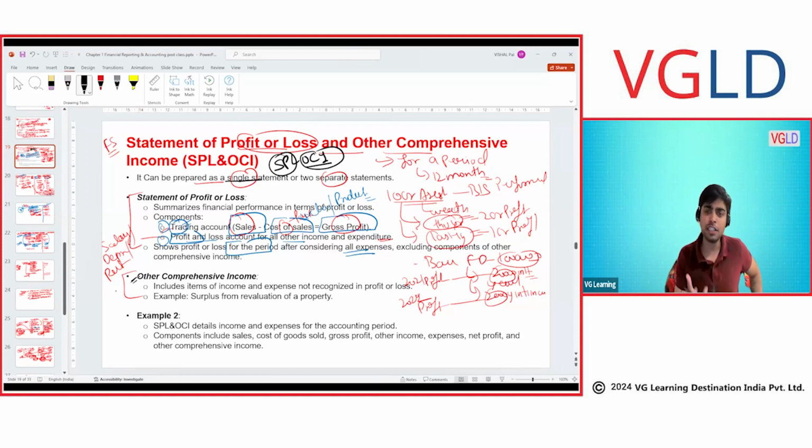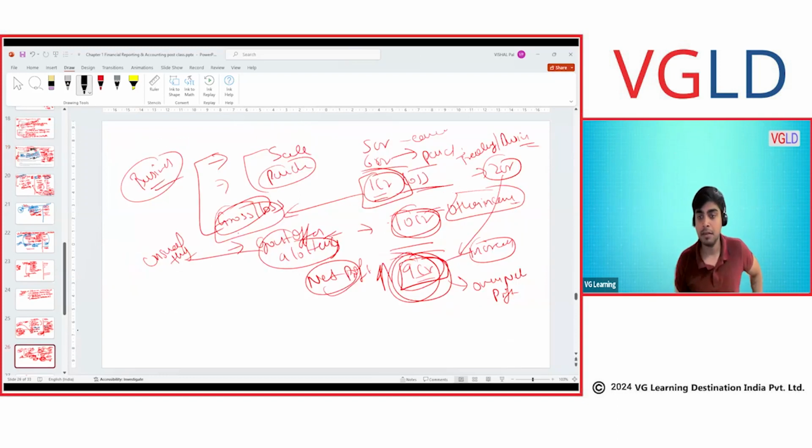What is OCI? What is other comprehensive income? See, other comprehensive income is just an attempt to give the user a better understanding. Just like our example, where we have made a trading loss, and we had a net profit. See, net profit of 9 crore or 1 crore loss.